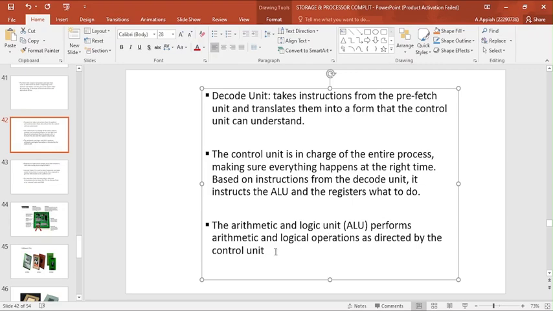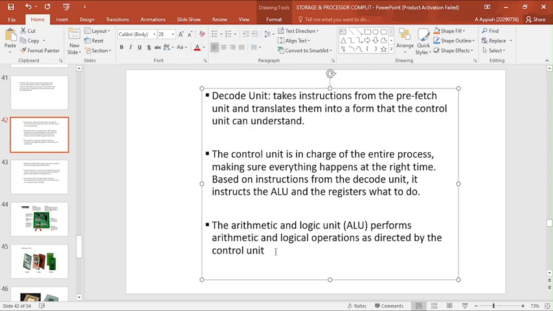Then the ALU, arithmetic and logic unit. What does it do? It performs arithmetic operations, or it performs logical operations as directed by the CU, the control unit. So remember, we said the control unit directs these operations and orders the ALU to perform an operation.